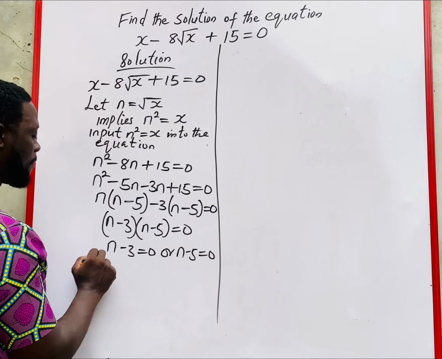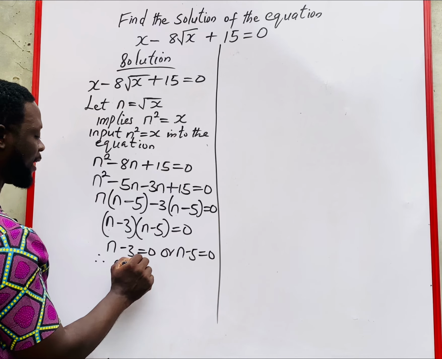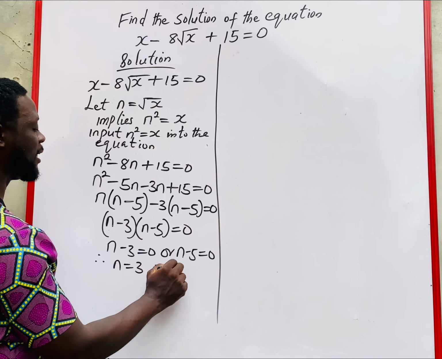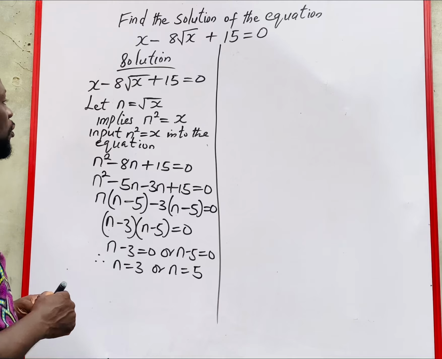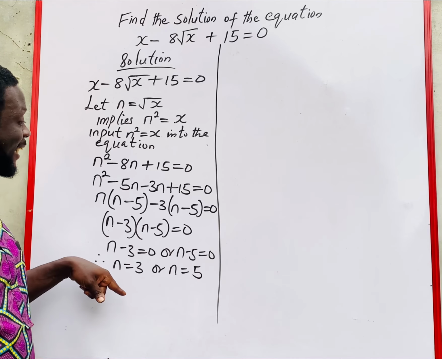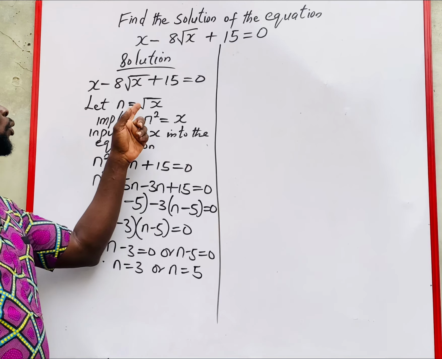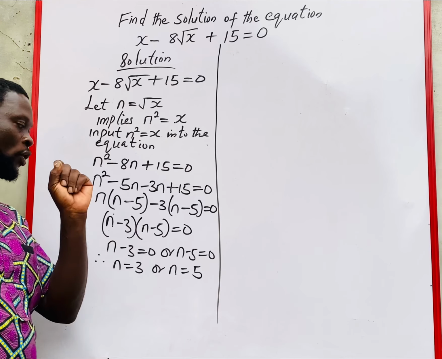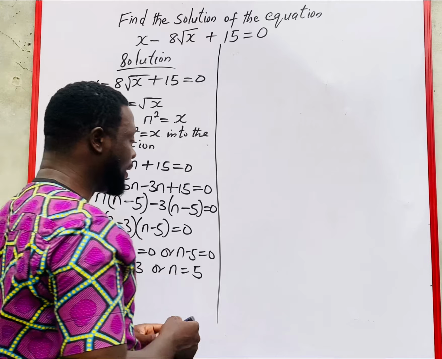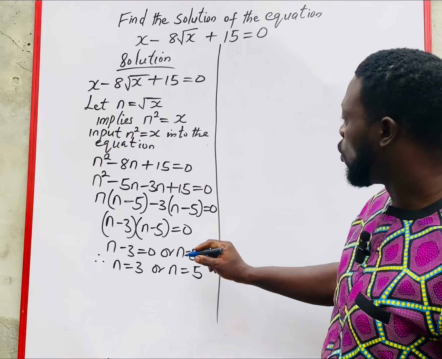So therefore, n is equal to 3 or n equal to 5. So we have gotten the two values, but recall that n is equal to root x and n squared is equal to what? x. So what you do next here, let's go this way. So what do you do now?